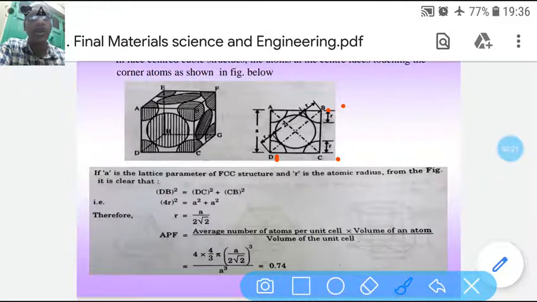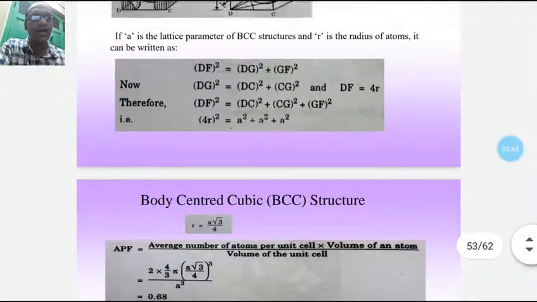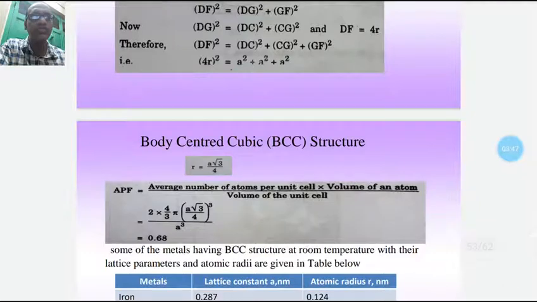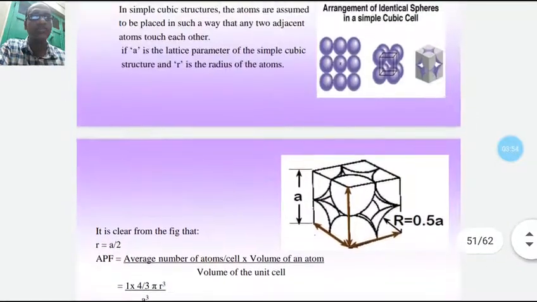So 4R whole square equals a square plus a square, and therefore the relation between radius and lattice parameter for the FCC structure is R equals a by 2 root 2. For the BCC structure, R equals a into root 3 by 4, and for the simple cubic structure, R equals a by 2.